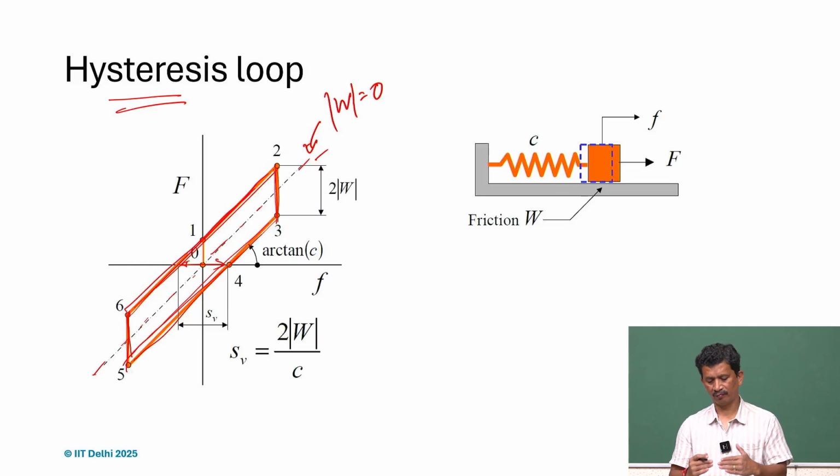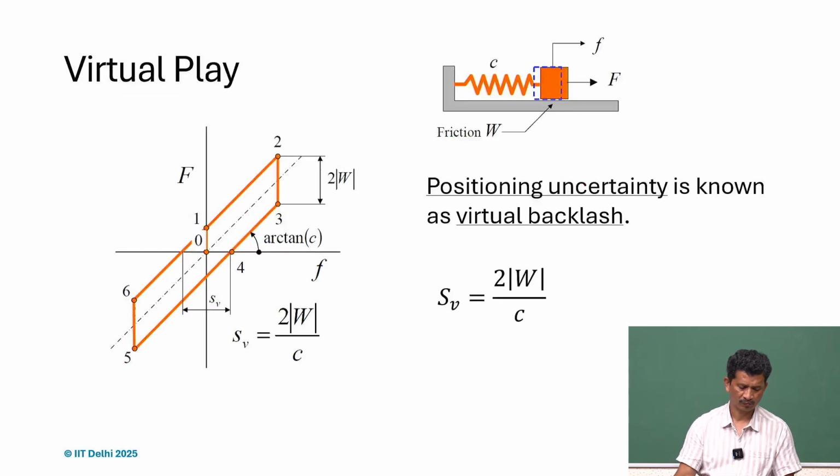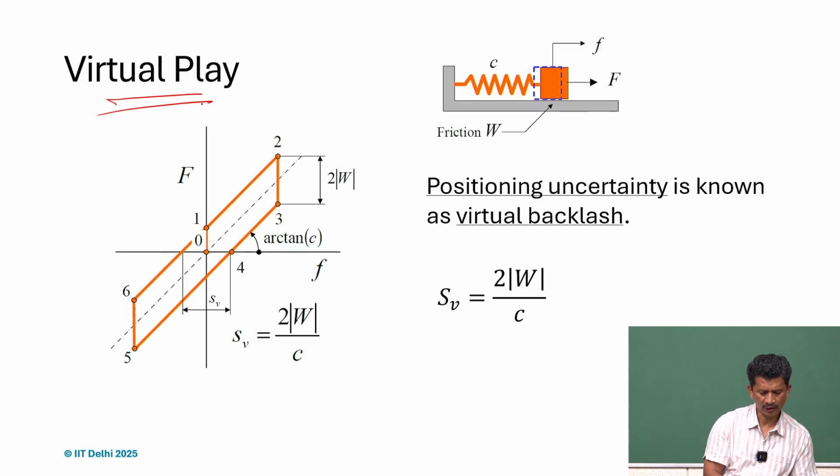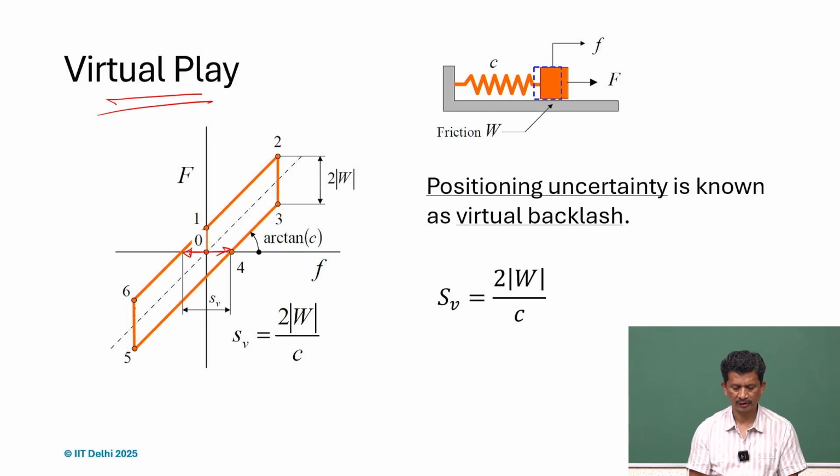So by some means, if it's floating and there is no contact between the frame and the body, what we realize is that it is repeatable. There is no hysteresis kind of thing. And that's why every time we talk about precision, we also talk about friction. So this is the hysteresis, and the associated uncertainty is what we just explained.